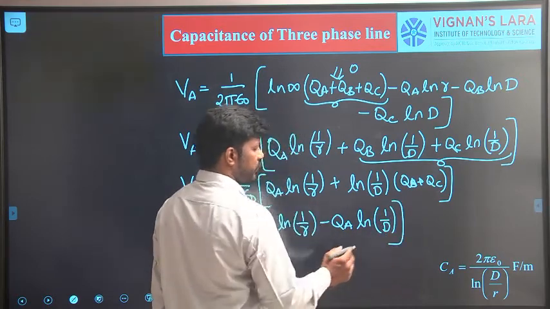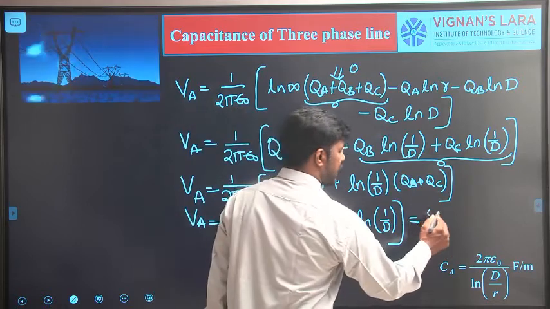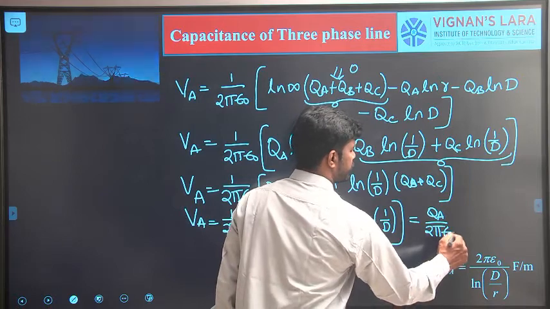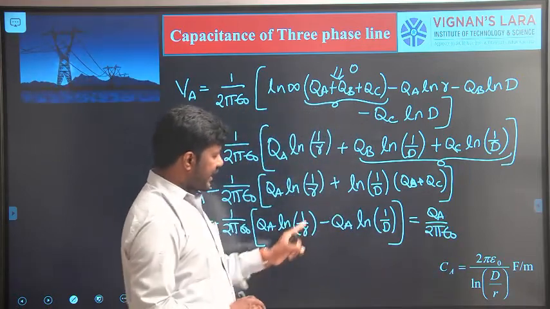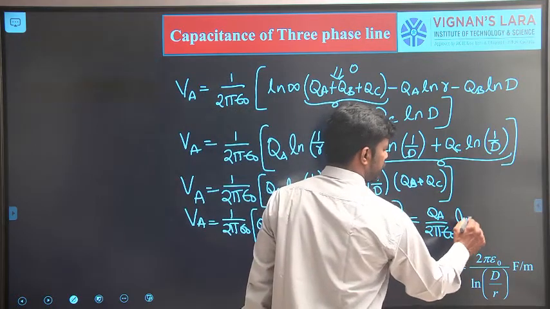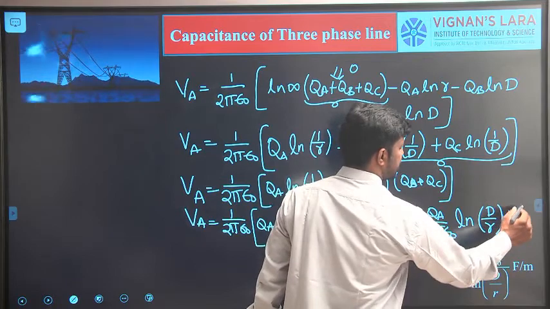Altogether, the potential of conductor A is, taking QA as common, QA by 2 pi epsilon naught of ln of 1 by r minus ln of 1 by d, which can be written as ln of d by r. Yes, this many volts are available per meter length.